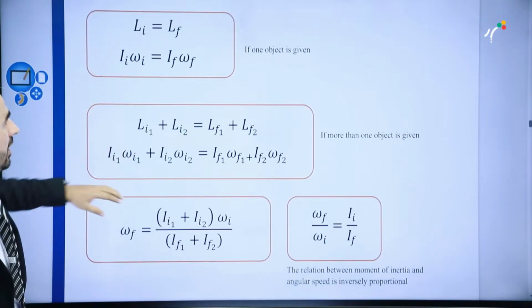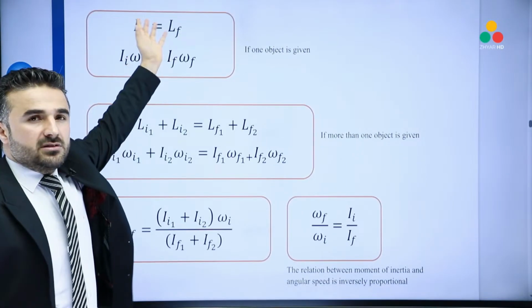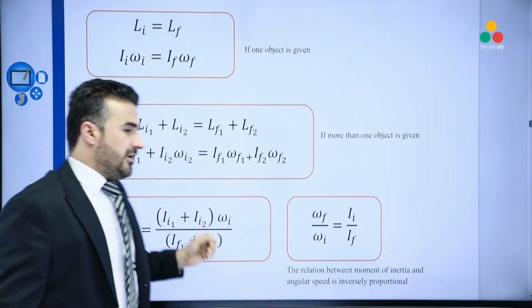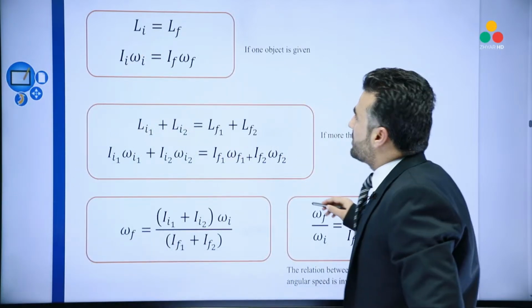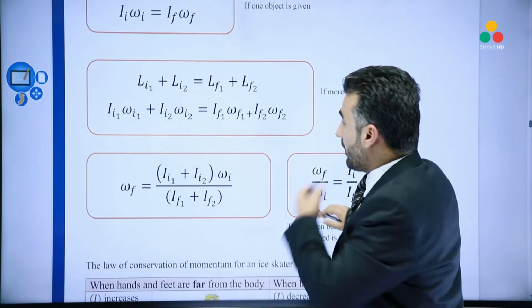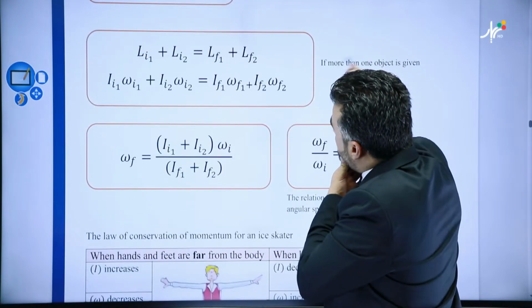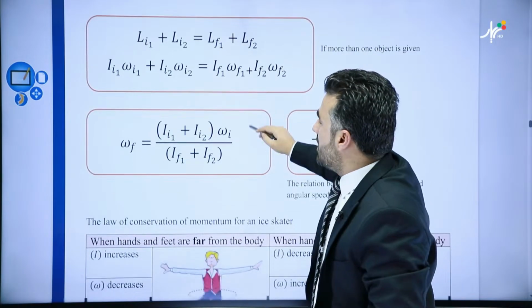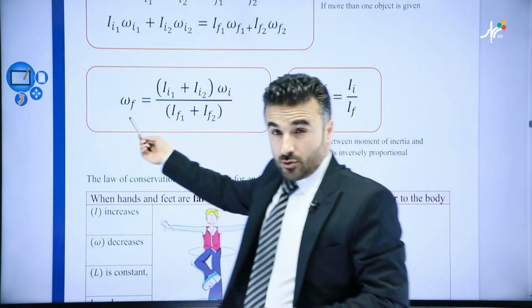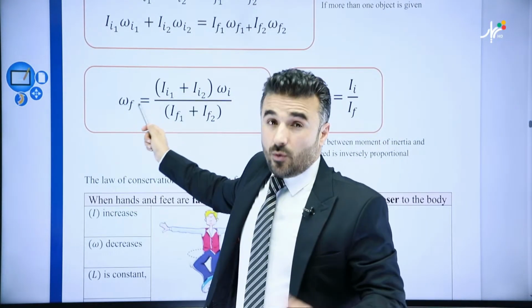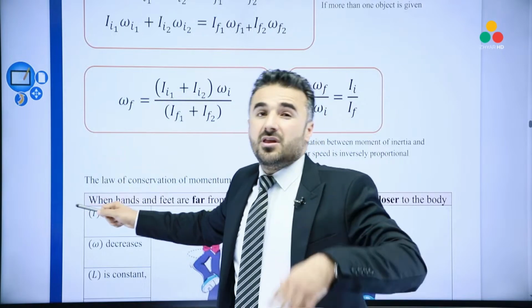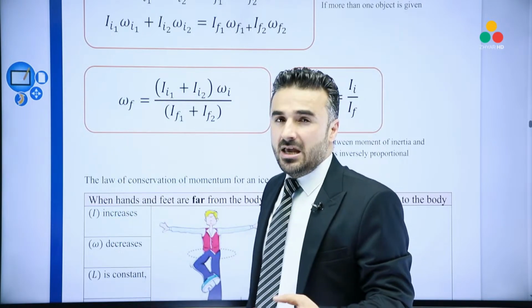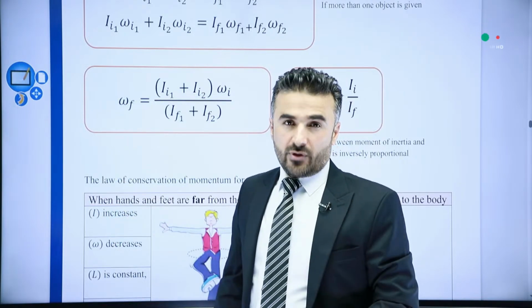All right, so here are the equations. That is, angular momentum, initial and final, would be equal, assuming there's no net force on the object, or the net force is 0. Okay, if it is more than one object, here's what we use. So remember, try to highlight this, or make sure you write this one down, because this is the equation that we're going to use for most of the cases, yeah? Whenever they are asking us to find the final angular speed for the object.